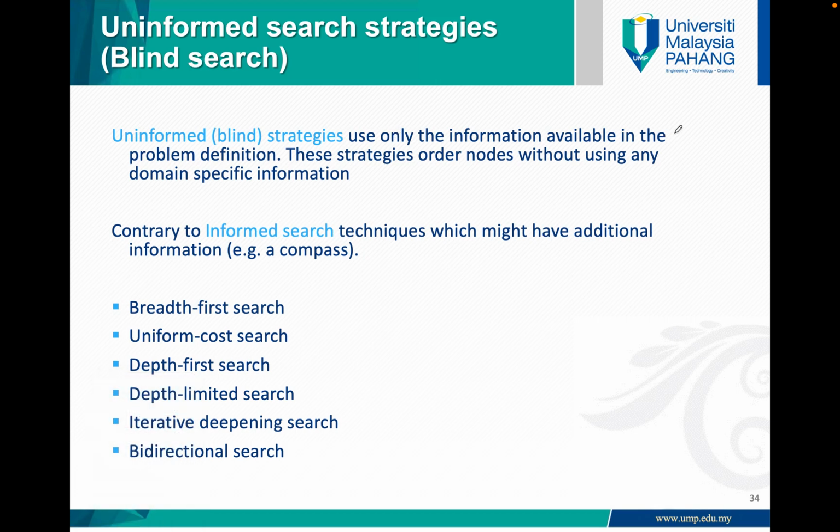So this is the definition for uninformed search strategies. It uses only the information that is available in the problem definition. These strategies order nodes without using any domain specific information. So we are going to learn several techniques today.